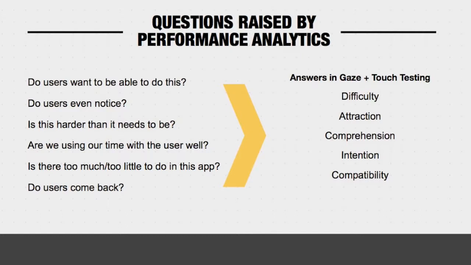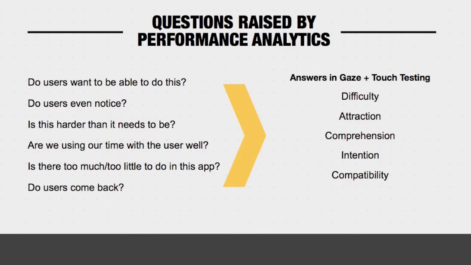Do users come back? While an app might have an excellent concept or be appealing from the perspective of the App Store and get lots of downloads, we may not see the sessions that we expected. So there could be a usability problem there or just some kind of an execution problem versus the concept itself being pretty good.